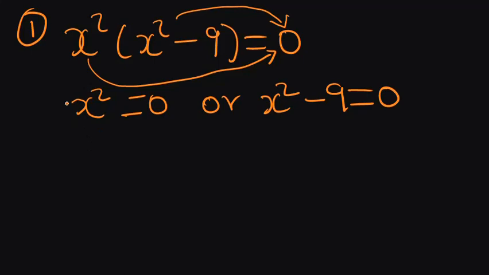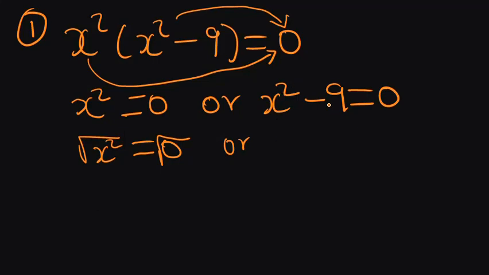Now, in order to eliminate the squared, we need to apply the square root on both sides. So we will have the square root of x squared is equal to 0 under the square root, or here we can do two things. We can factorize the difference of two squares, or we can transpose -9 and apply the square root on both sides.